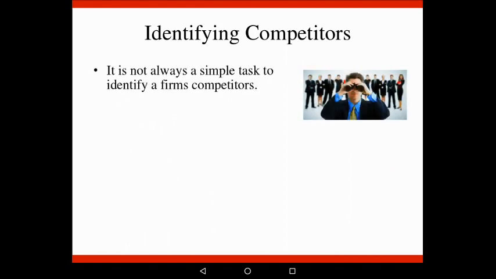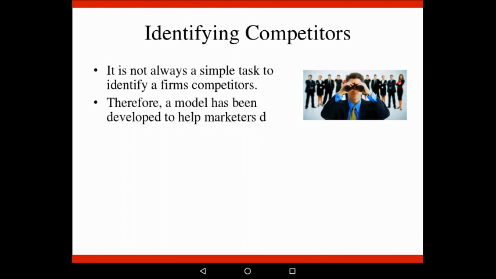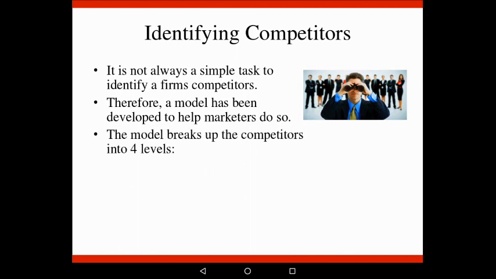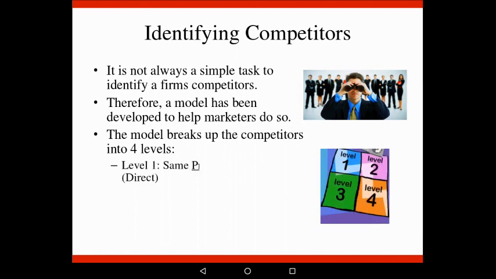Okay, so it's not always easy to identify one's competitors. So a model has been developed to help marketers. The model breaks the competitors up into 4 levels. Level 1 is called the same product or service, and that's your direct competitors.